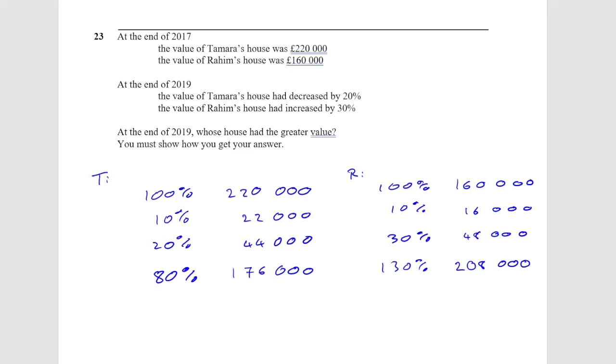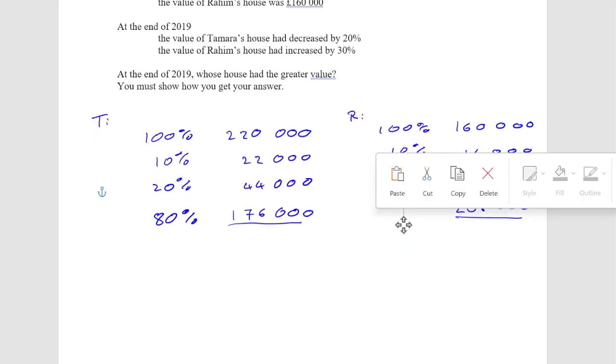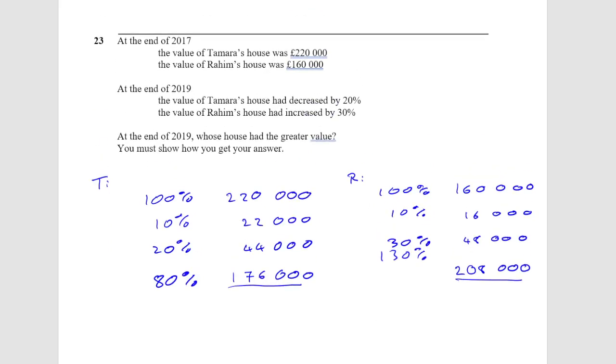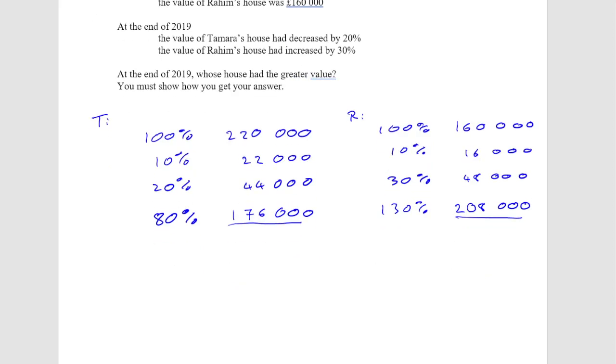Okay, so whose house is worth the more money? That would be Rahim's. At the end, whose house had the greater value? Let me just undo that. There we go. So Rahim's, let's clear up my writing a little bit.